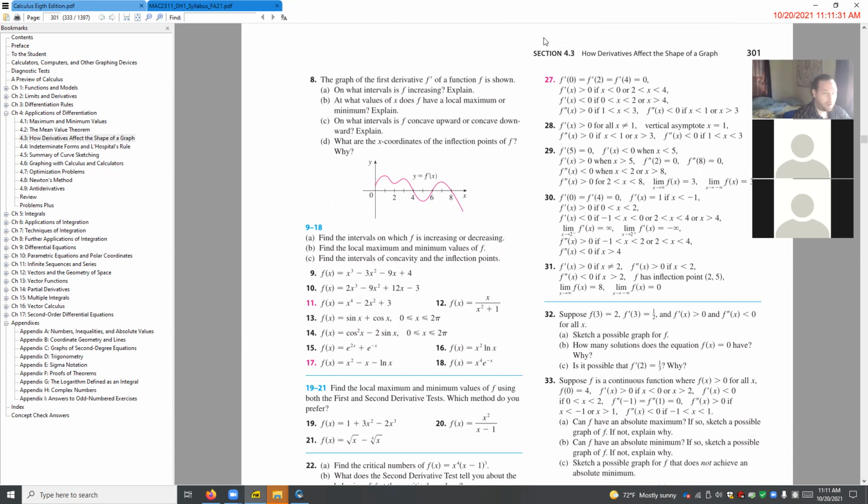They've told us f prime of 0 is equal to f prime of 2 is equal to f prime of 4, all 0.